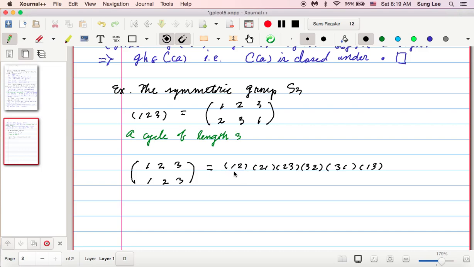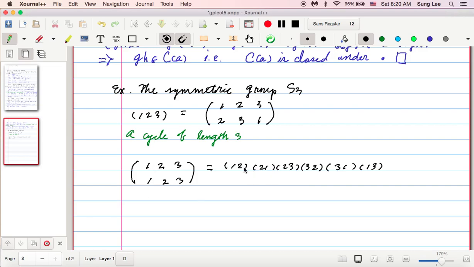Okay, right. So here 1 goes to 2, 2 goes to 1, so 1 goes to 1. Here, again, you don't see 1, that means 1 is fixed, so 1 goes to 1. And here 1 goes to 3, and 3 goes to 1, so again 1 goes to 1.